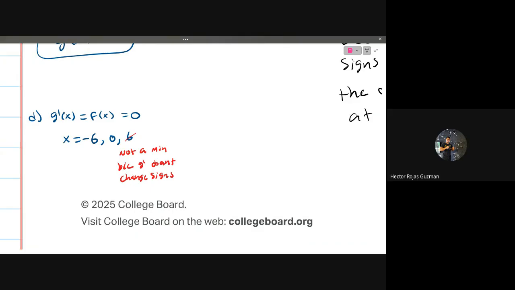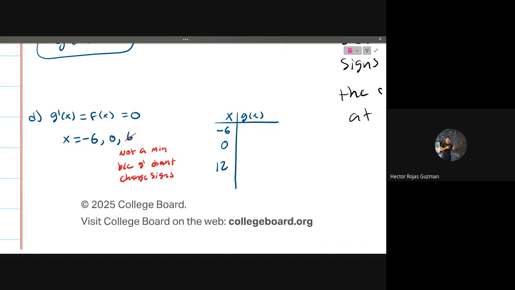All right. I think my time is running out, so I'll just finish this kind of quick. Just like in the other problem, to find the absolute minimum, you got to take the endpoint, -6, which also kind of happens to be a critical point. Take the endpoints, the critical points, and plug them into G.